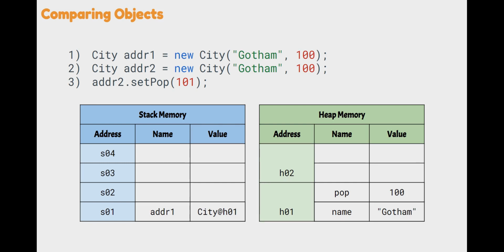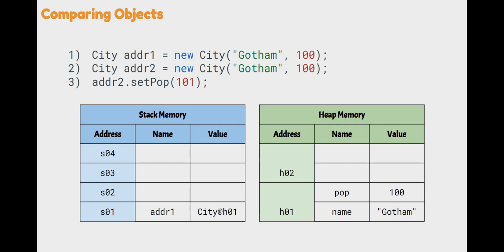Line 2 looks like a similar line of code. We just have a different reference variable. We have address2. It is of type City, and we are assigning it the memory address that we get after calling the City constructor again, and we are still using the same actual parameters, the string literal Gotham and the integer literal 100. We are building a new city though, since we are using the keyword new.